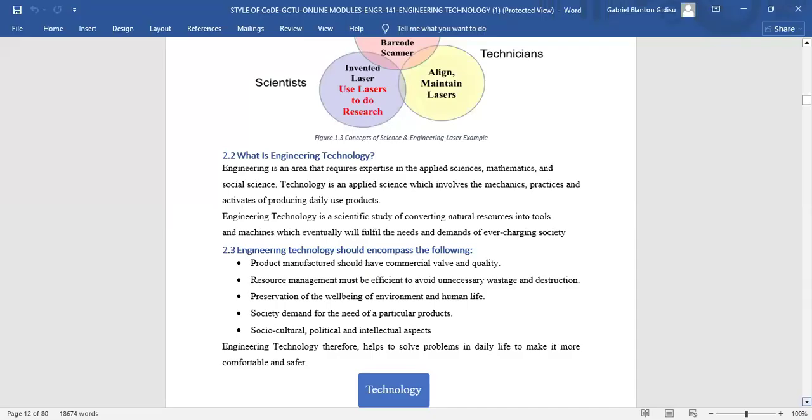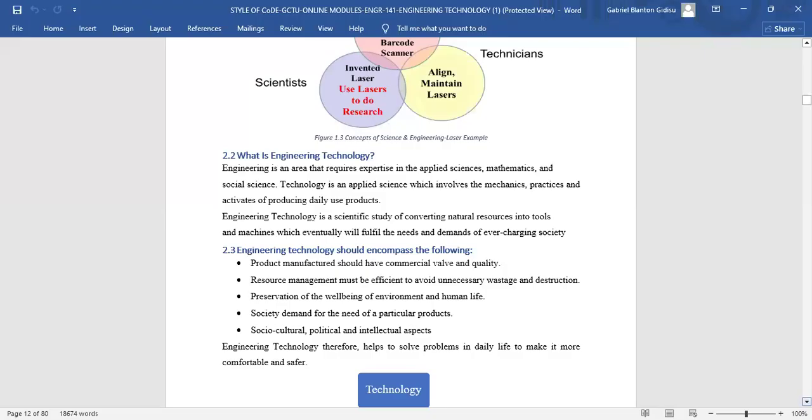So he said that society demands the need of a particular product. If the product is not needed in the society, when you go into it, you are only going to waste your time because nobody needs it. Social, cultural, political, and intellectual aspects.